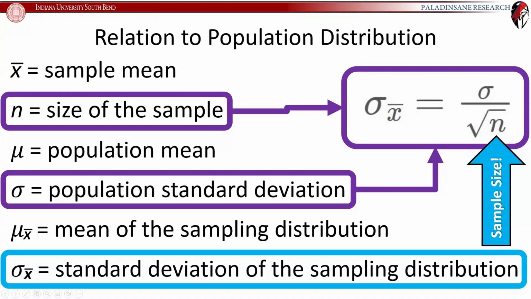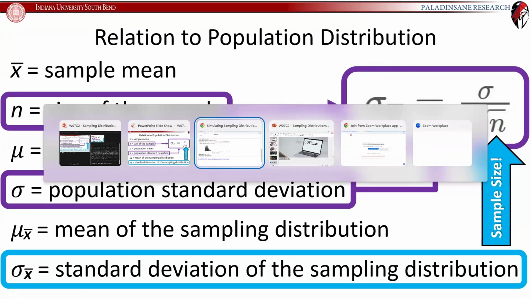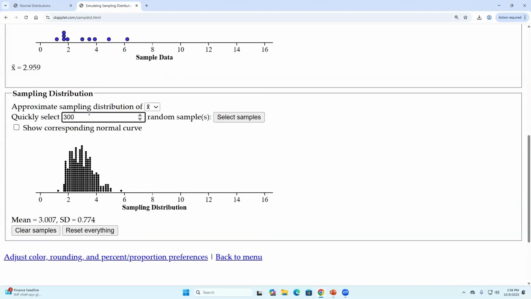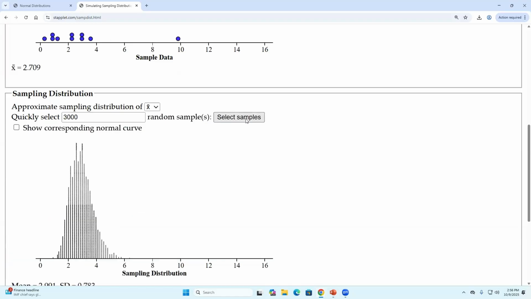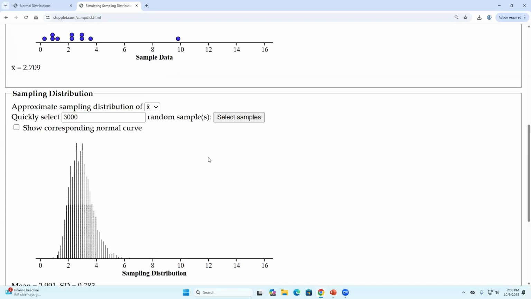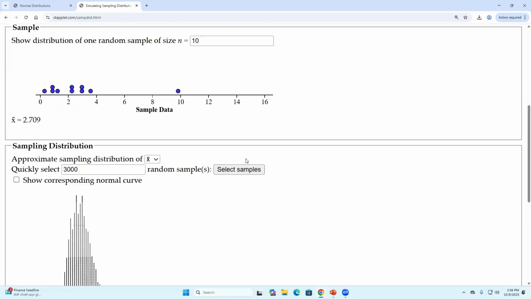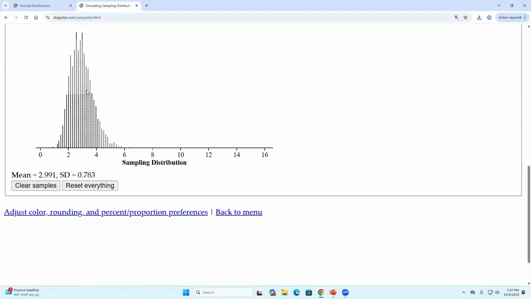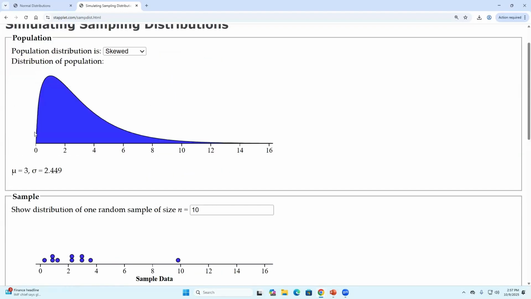So one of the things that this does, and we'll go back to our demonstration here, and let's add another 3,000. All right, that'll do. So one of the things that this does is, first off, it lets us relate the standard deviation of the sampling distribution to the standard deviation of the population.